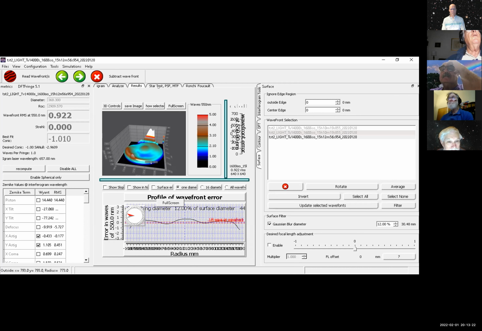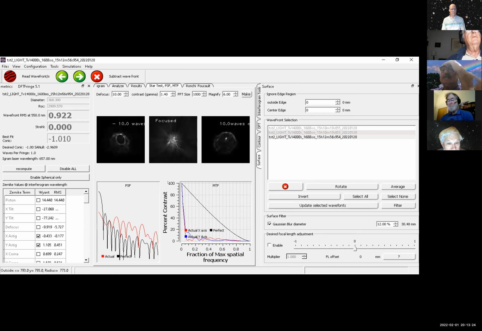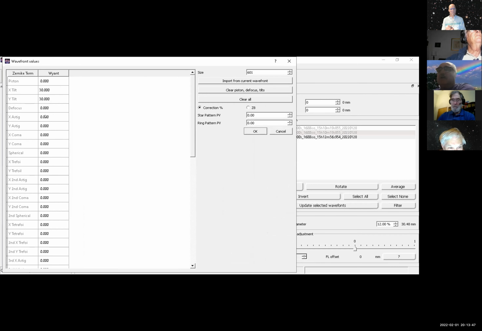So going to a star test again. No, I got much better than that. So this is a bad picture. Let me just do one thing. You know, Mike, it's a 14.5, but it's a 3.9 F ratio.